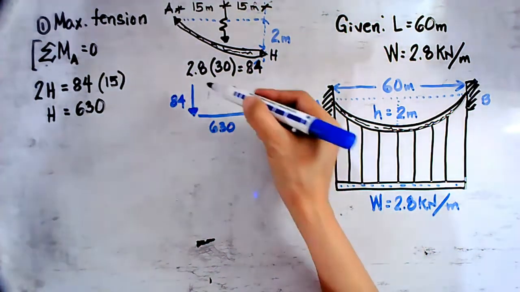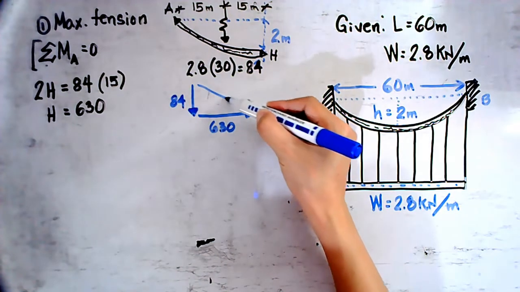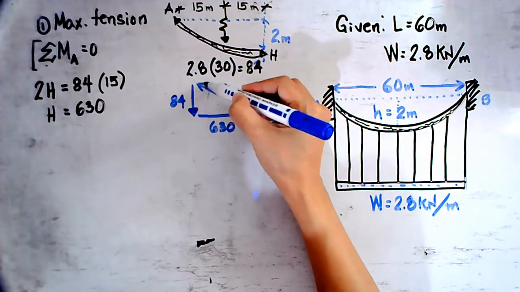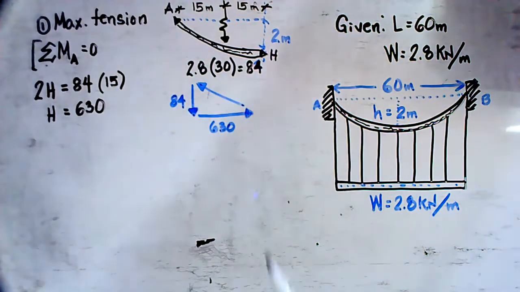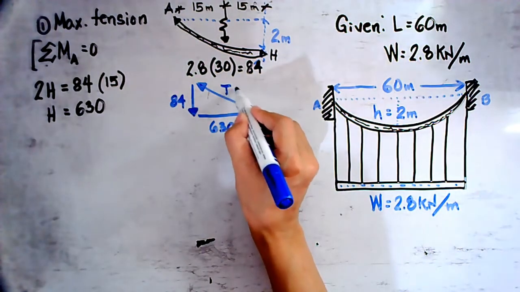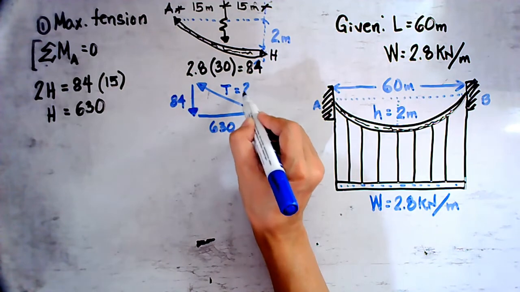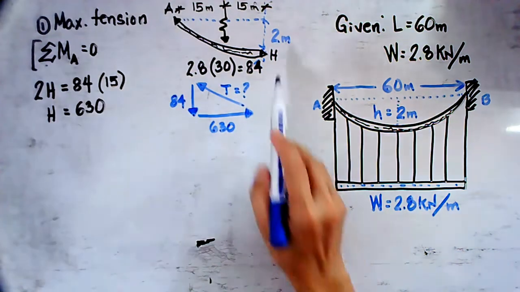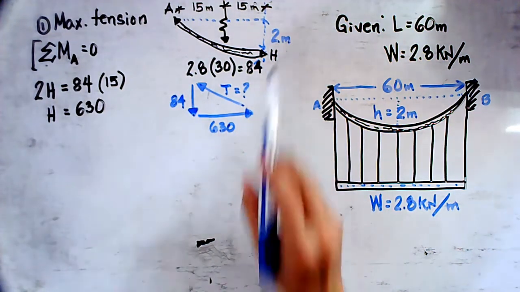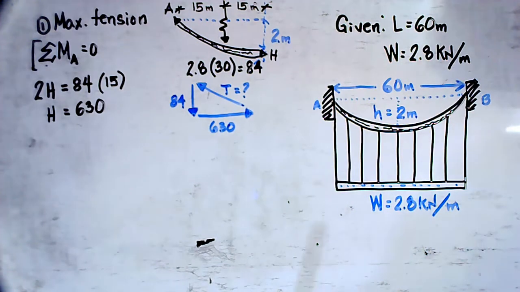And then by drawing the force polygon, we will have here the value for, let's say we represent this as the value of the maximum tension when the sag is at 2 meters.